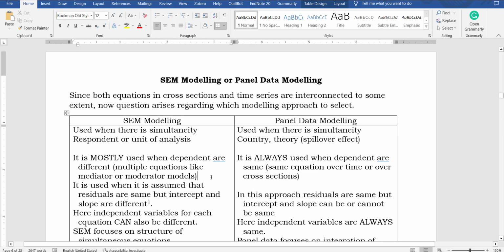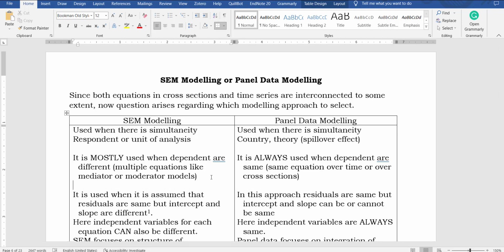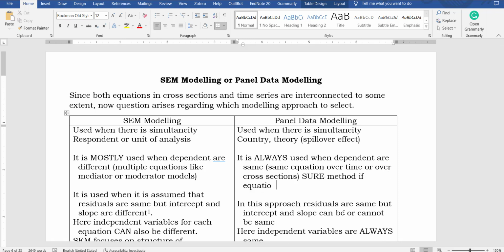So it doesn't mean that there can be different dependent variables. If in a panel data there are different dependent variables, we can use the SUR regression method if equations have different DVs. So it is a type of SEM, but it is for the secondary data set.